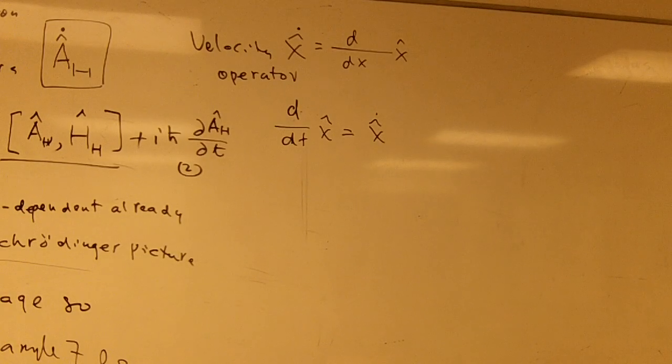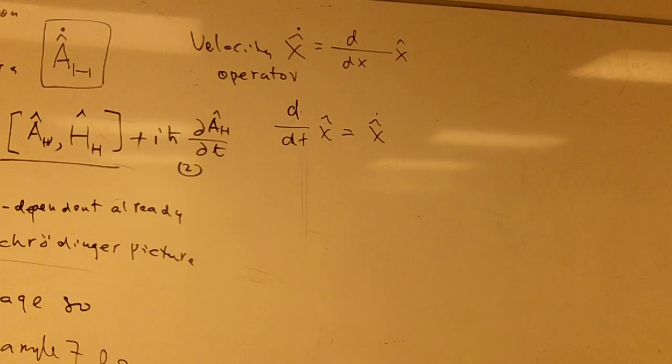Any other questions? Yes, Toby. For the free particle, when it talks about needing the wave function to put in the initial conditions, how did you get e to the ikx over the square root of L? Is the e to the ikx just the wave function of a free particle?